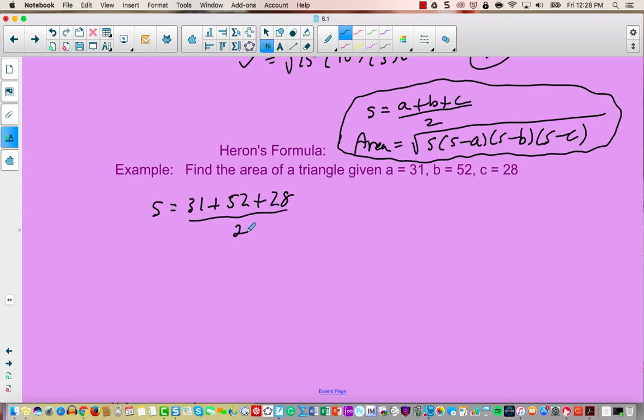And then when you plug that into Heron's formula, you should have gotten 361.77, roughly, approximately rounded off. 361.77. This is just calculator work.